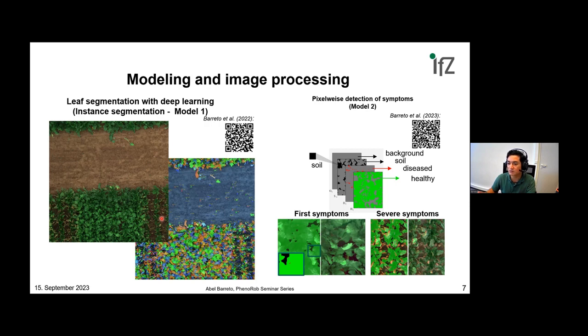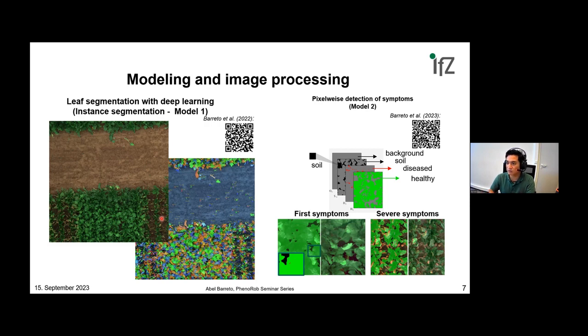A second model takes these segmented areas and classifies each pixel into 4 classes: healthy tissue, diseased tissue, soil, and another X epsilon factor, which can be, from the drone imaging perspective, weeds, for example, or some installations in the field and any other object that can affect the quantification of diseases.